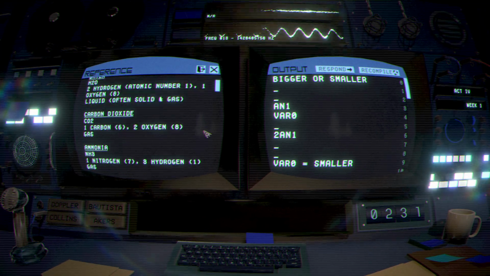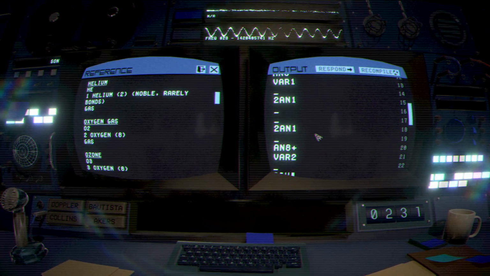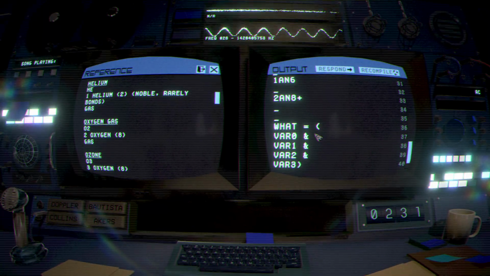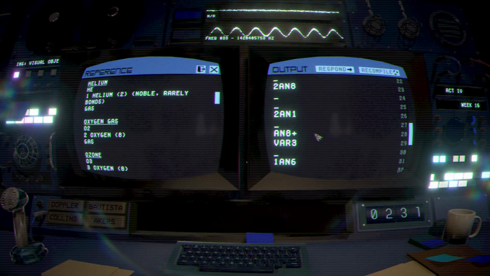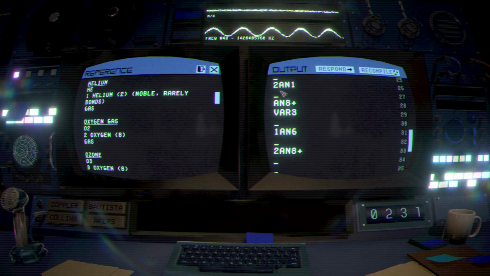What does that mean? And look at this ending piece. Hydrogen.